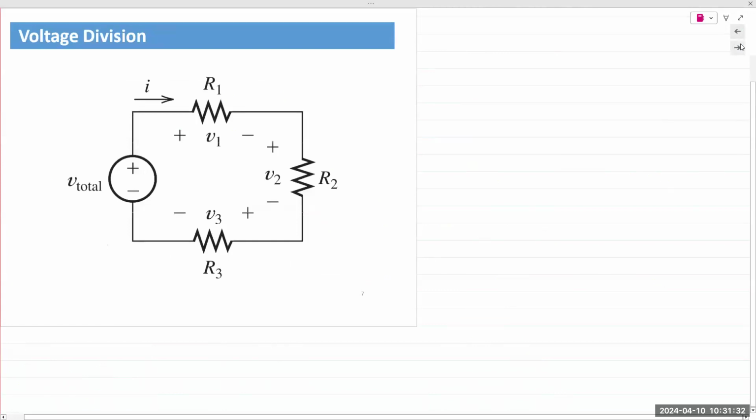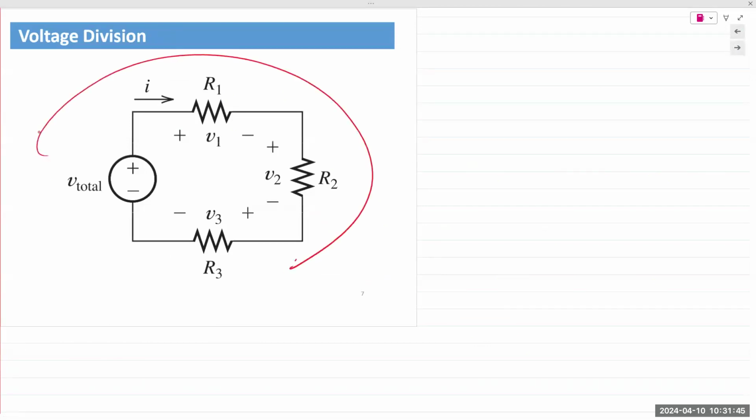You could apply voltage division to calculate the voltage directly across each one of those resistors. So if you apply a voltage to a series network of resistors, what happens to the current? Current remains the same. It's constant, right? It doesn't change. I in a series circuit remains the same. Voltage gets divided.